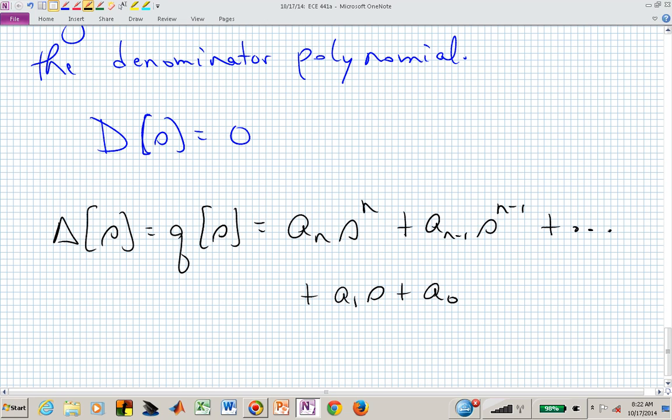Each of the subscripts on a immediately connects that with the power of s. A sub 0 is the s to the 0 term or coefficient. A sub 1 is the coefficient on s.